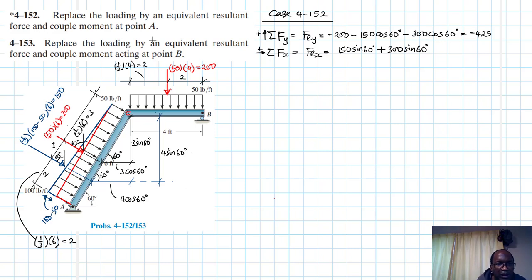Let me draw them using the colors. We have this component here, then another component in this direction, and then for red you will have one component here, and then another component like so. Those are the components that we are dealing with.